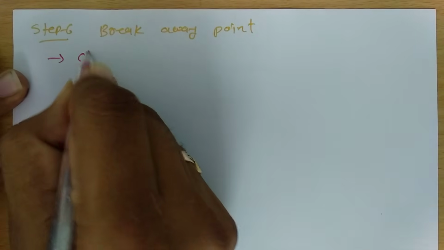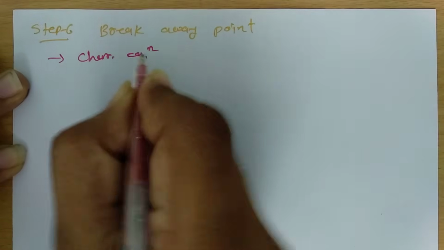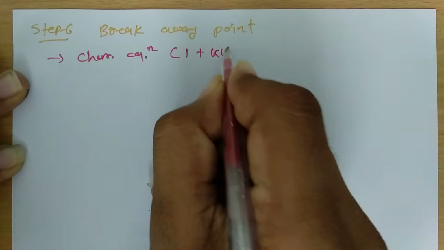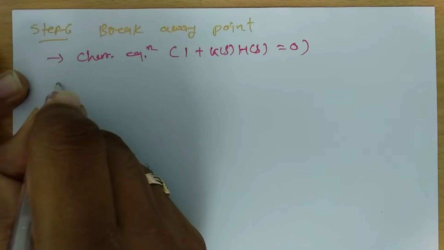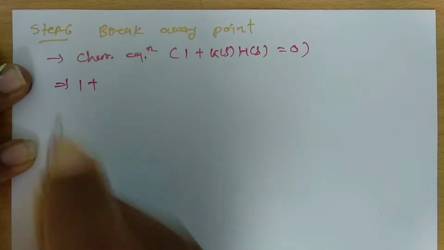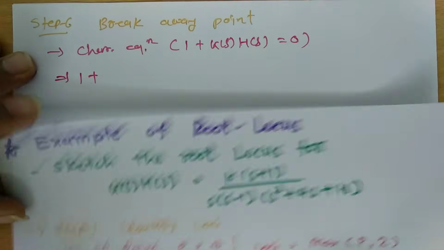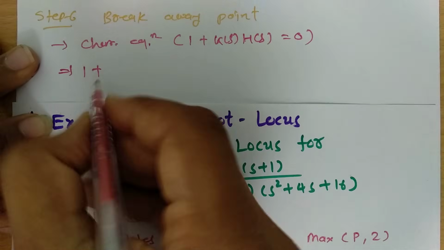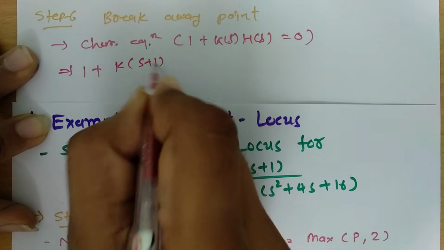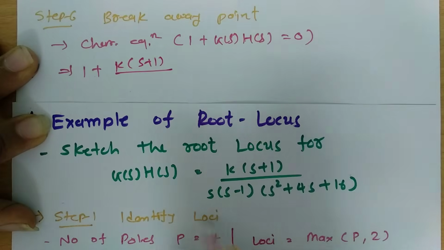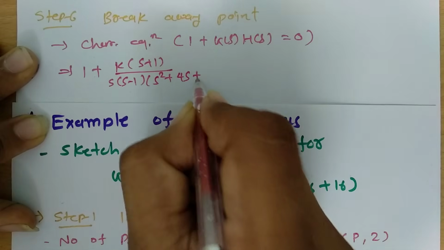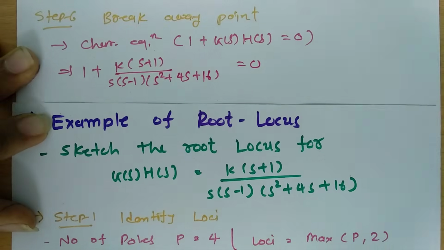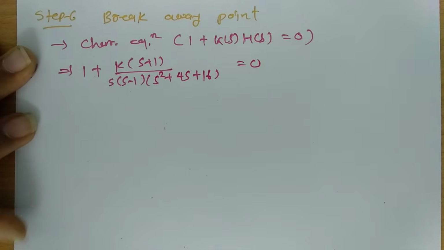First is the characteristic equation, which we can identify by 1 plus G(s)H(s) equals 0. So that is 1 plus K into (s plus 1) divided by s into (s minus 1) into (s square plus 4s plus 16), and that is equal to 0. So this is how it is given.